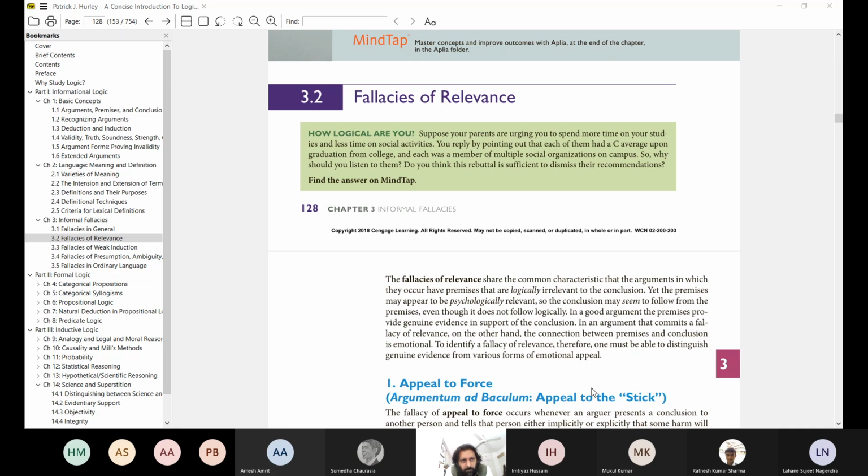And it's an interesting exercise, to the extent that you're a witness to or involved in any debates or arguments on TV, on social media, with your friends, to watch the extent to which these fallacies actually take place.